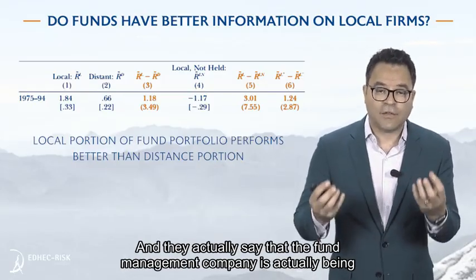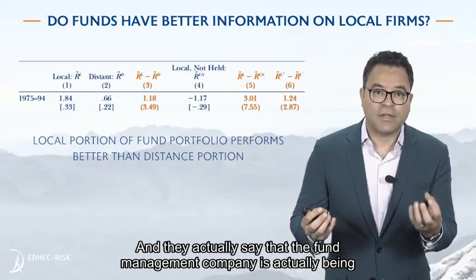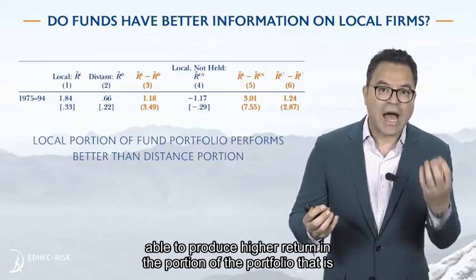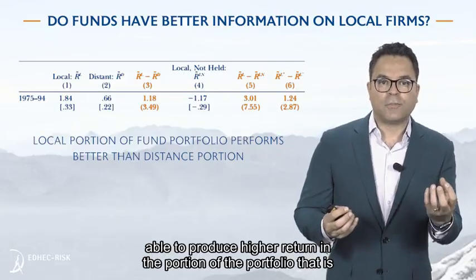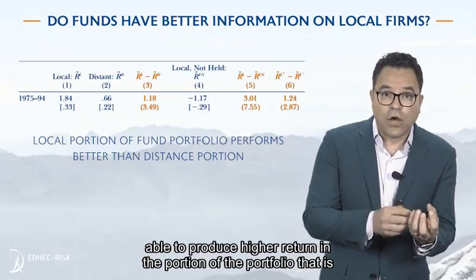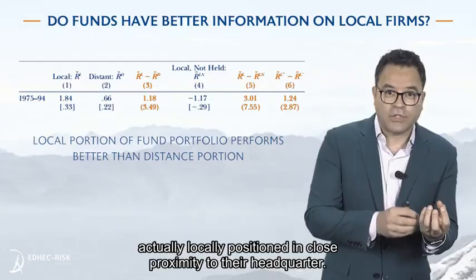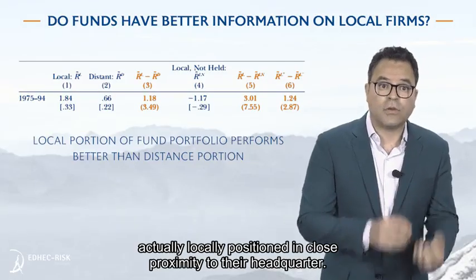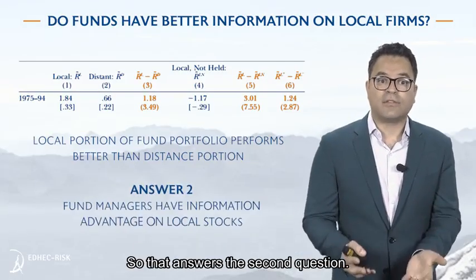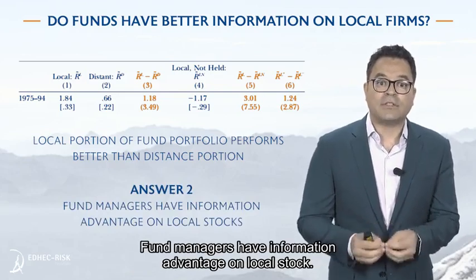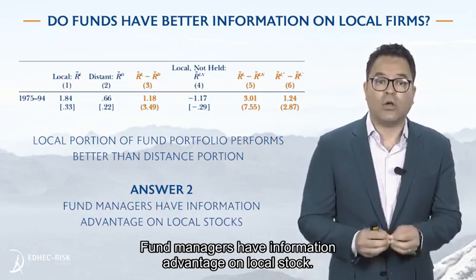And they actually see that the fund management company is able to produce higher return in the portion of the portfolio that is locally positioned in close proximity to their headquarters. So that answered the second question. Fund managers have an information advantage on local stocks.